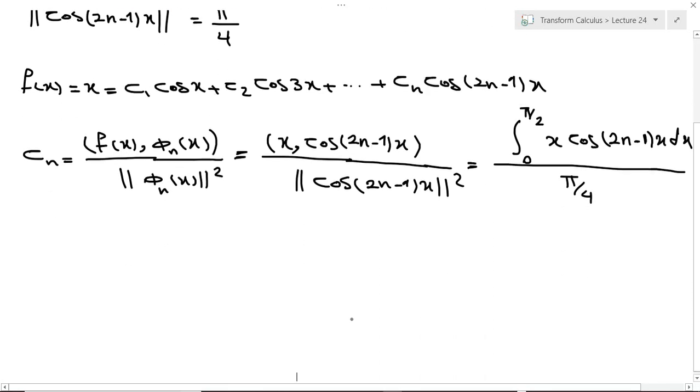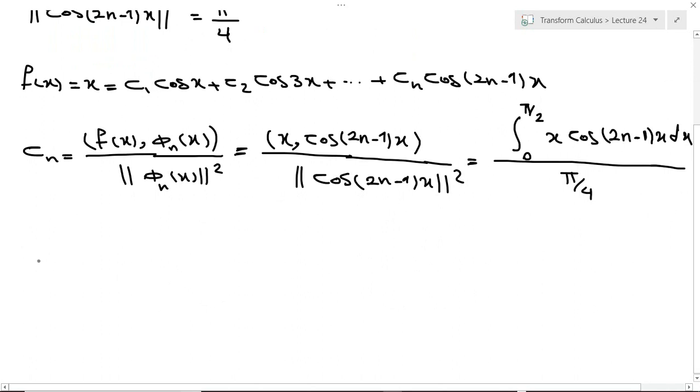Now we have to find the integral in the numerator. You can easily find this integral.